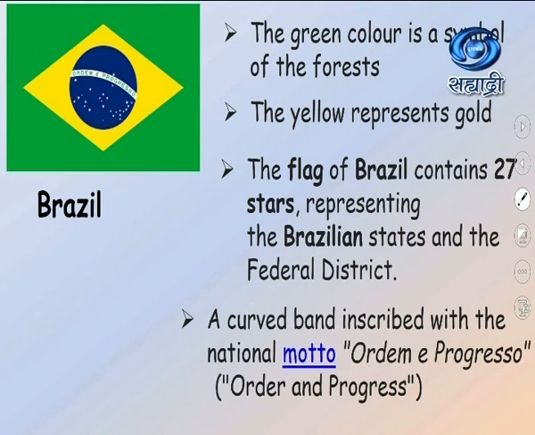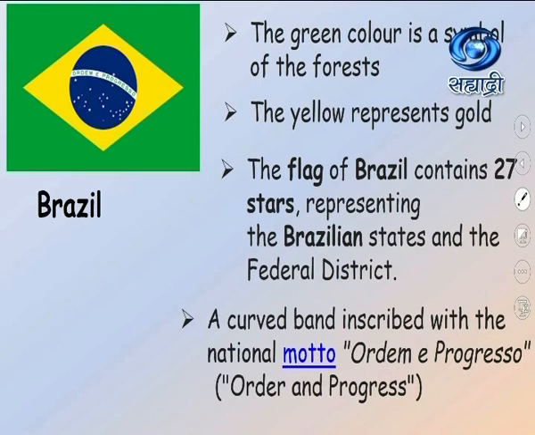The flag of Brazil contains 27 stars over here in this blue disk. Now these 27 stars represent the Brazilian states and the federal district.